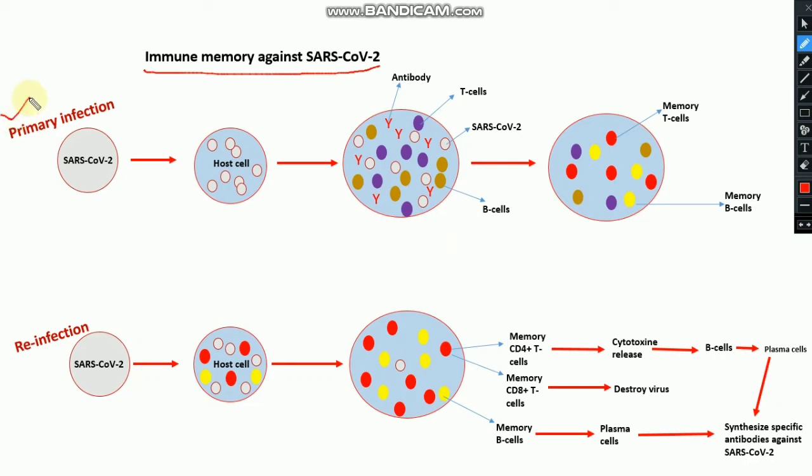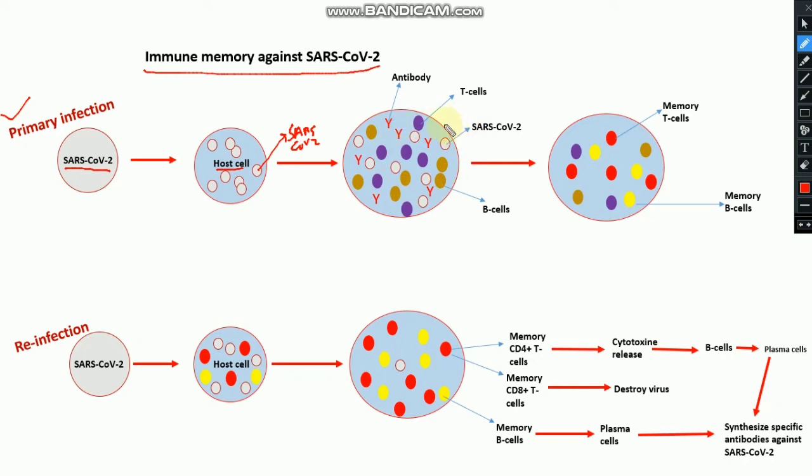So when the primary infection occurs, like when SARS-CoV-2 infects any host cells, here you see this is the virus SARS-CoV-2. Upon the infection, a lot of immune cells get activated.